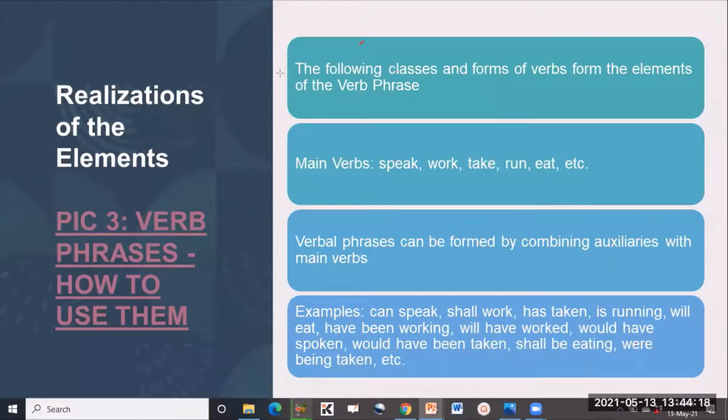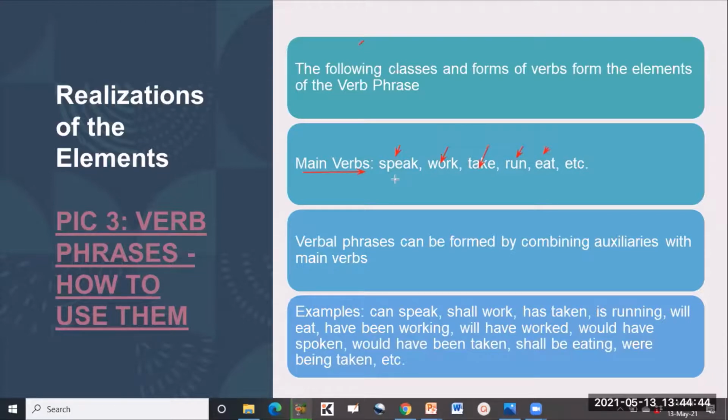The following classes and forms of verbs form the elements of the verb phrase. Of course, we have looked at them earlier, but we want to take a look at them. Now, within a verb phrase, you must have a main verb. For example, speak, work, take, run, eat.